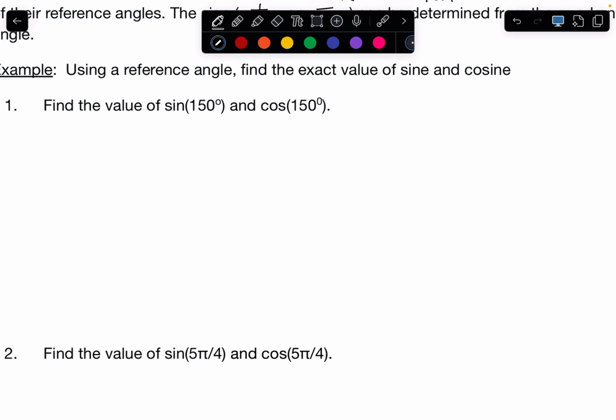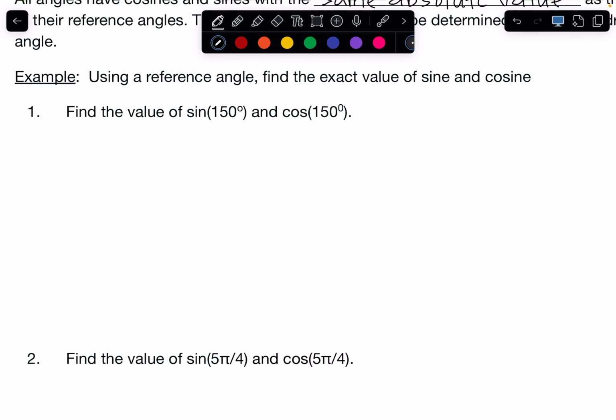Okay, so it says find the value of sine of 150 and cosine of 150 using a reference angle. I see some nodding. So first thing I need to do is, given my angle is 150, I need to find its reference angle.